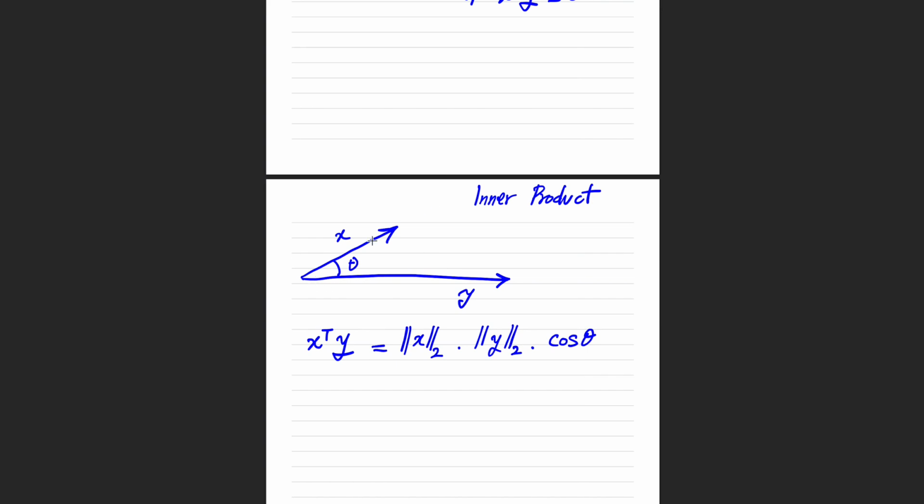You have two vectors, x and y, and there is an angle between them. x transpose y can be written as the norm of x, which is this length, times the norm of y, which is this length, times the cosine of the angle. So in many applications, the inner product is a useful measure of similarity or dissimilarity between two vectors.